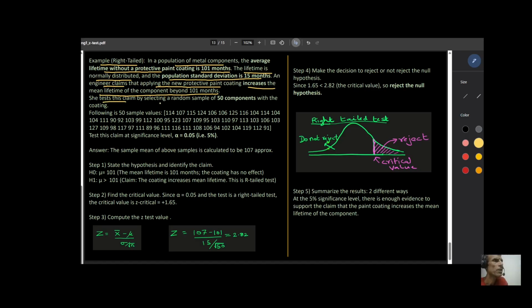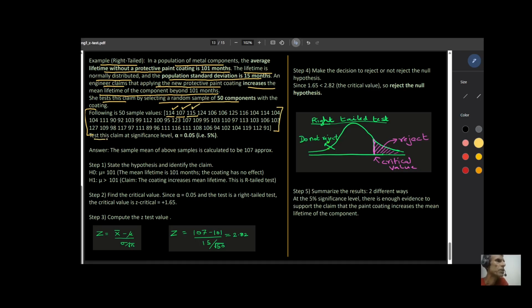She selects a random sample of 50 components with the coating, and these are the values she finds. These values indicate the time for how long the metal lasted. For example, this one right here indicates that the metal lasted 114 days. This one lasted 107 days. This one lasted 115 days, and so on. All of these had the coating applied to them.